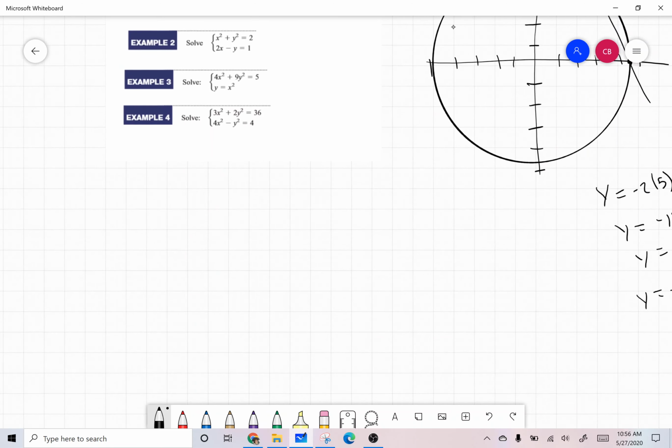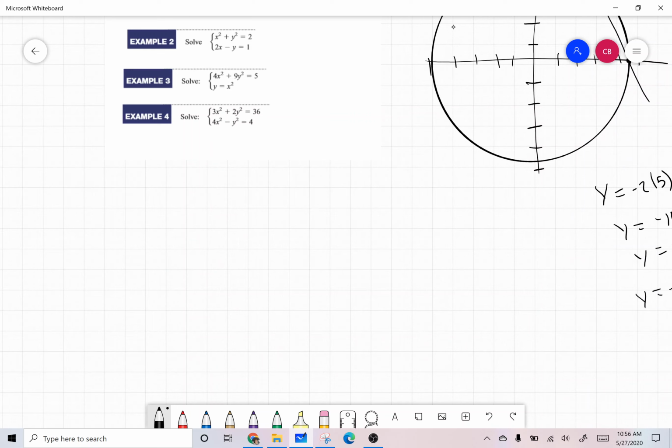Okay, let's do another one. Let's do example 3, and then we'll do 4, and then we'll be done. So we got 4x squared plus 9y squared equals 5, but they say y equals x squared. Okay, so let's plug that in. We have 4x squared plus 9 times x squared squared is equal to 5.